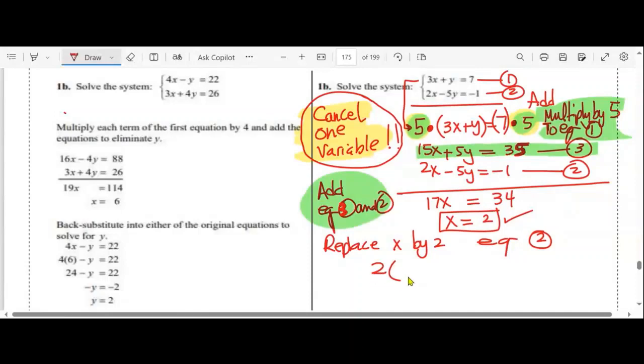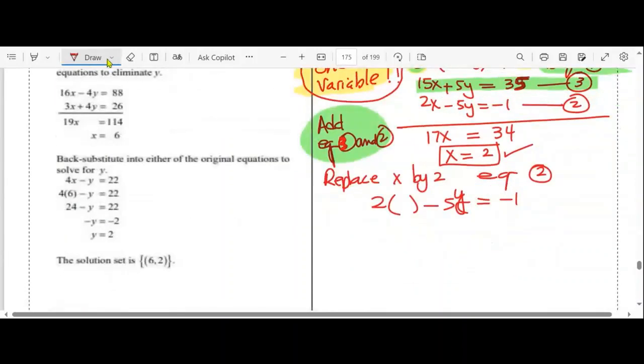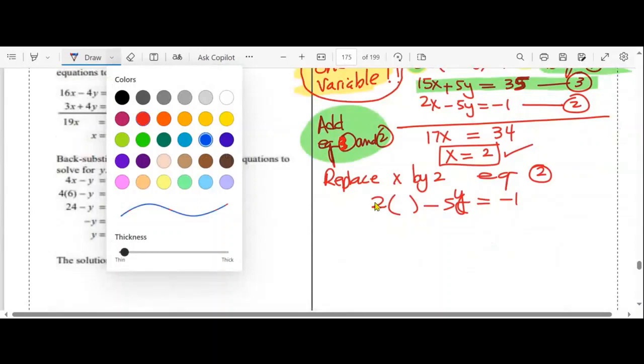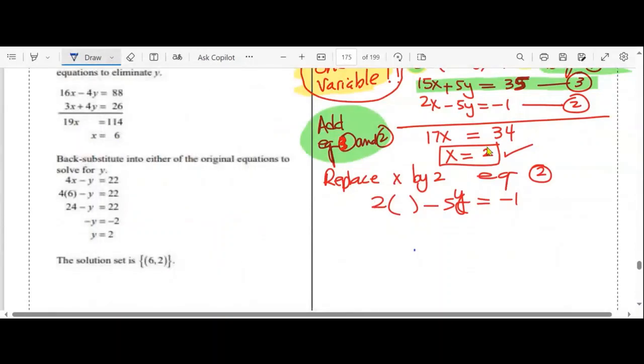2 times 2, then minus 5y equals negative 1. Can I choose any equation? Yes, it's up to you. Decide which one you want. 2 times 2 is 4. Negative 5y equals negative 5. So y equals 1.